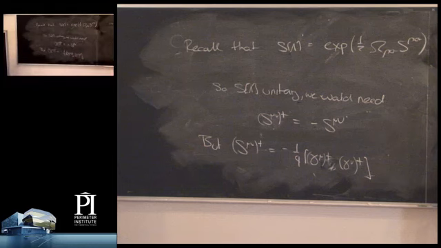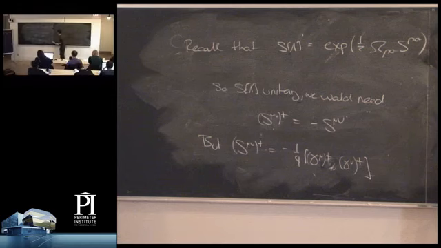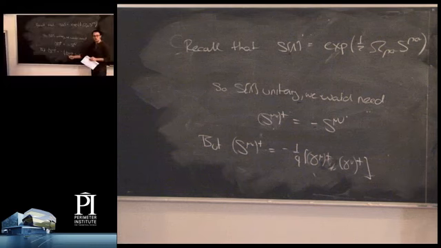Just working backwards, S is defined in terms of the commutators of the gamma matrices. So this is the Hermitian conjugate of the generators. And if we wanted this to be true, we've got a minus sign here already, so we'd either need all the gammas to be Hermitian or all the gammas to be anti-Hermitian.